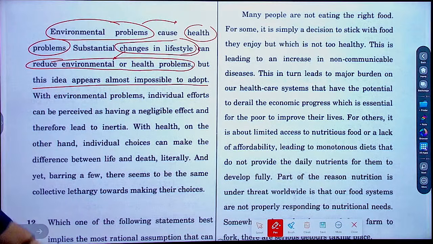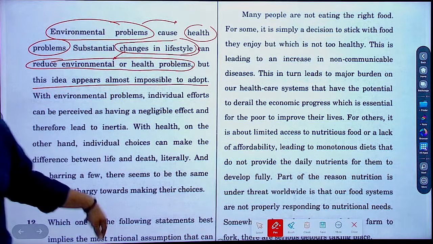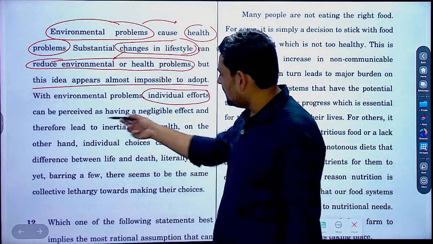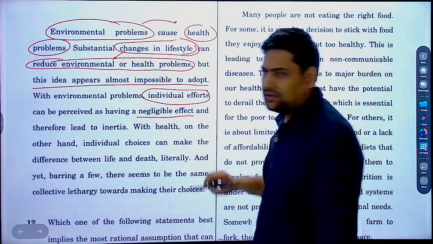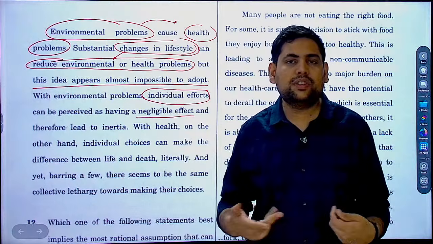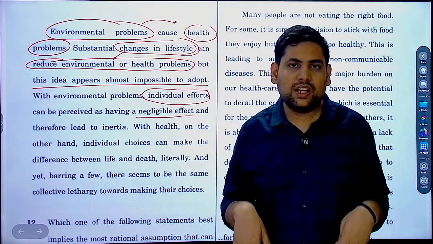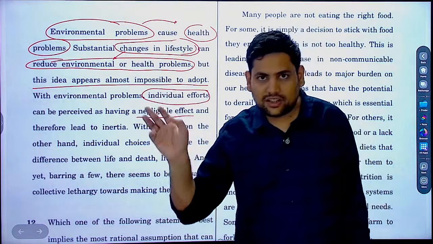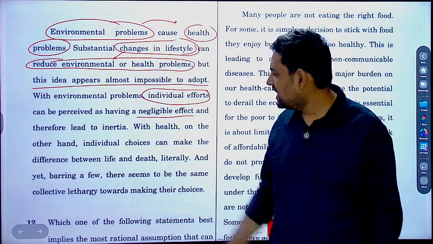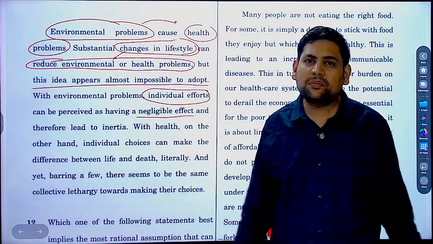Why impossible to adopt? Because with environmental problems, individual efforts can be perceived as having a negligible effect. Correct? Like if you look at an environmental problem, for example, the place where I am living, this place Jayanagar, Bangalore, is not very clean. Now, even if I start taking some individual effort, it won't become clean.